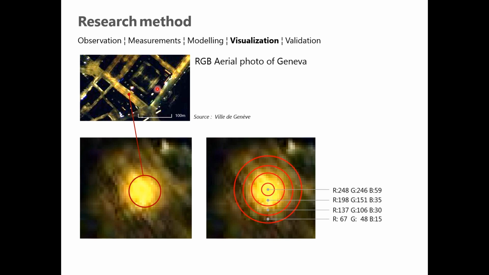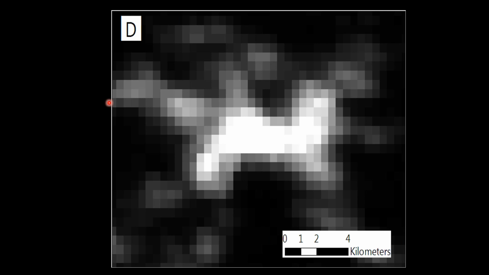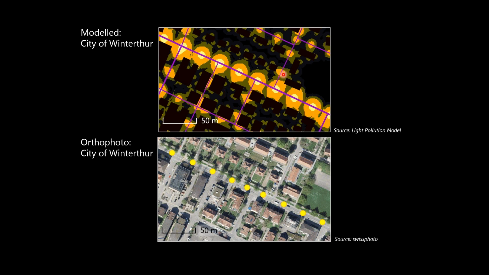RGB values, because I knew that they use the same light sources in that city. And that was finally the light pollution map of the research area. If we compare with what the satellite has provided, we can understand there's much more detail.